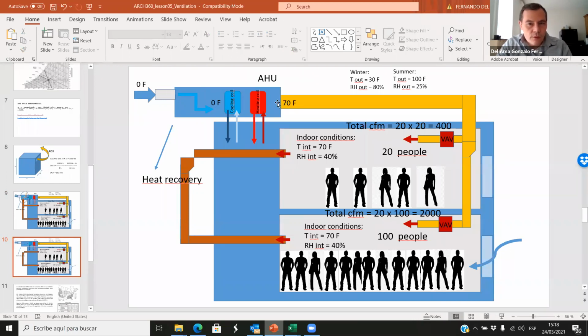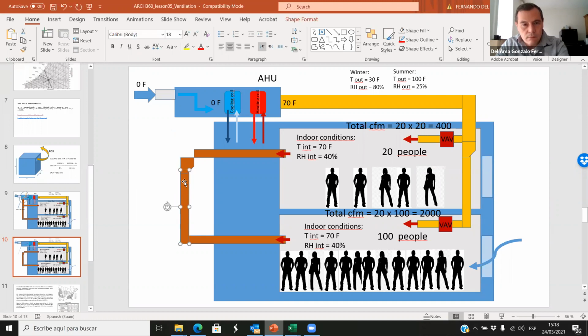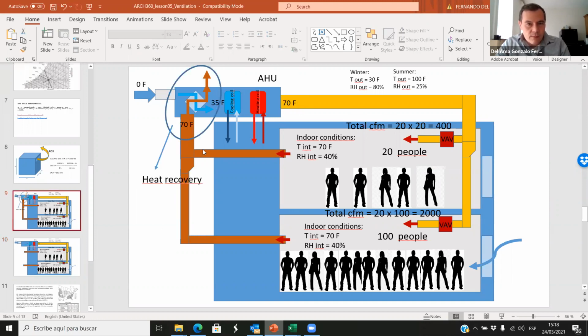And then we have to go from 0 to 70. Okay, that works. This is a ventilation system. We supply fresh air at a comfort temperature, and we remove the indoor air, and that's fine. But this is better because we are using the heat recovery. And then we save energy because this heating coil is working from 35 to 70.